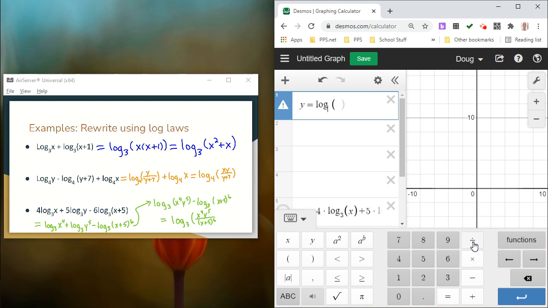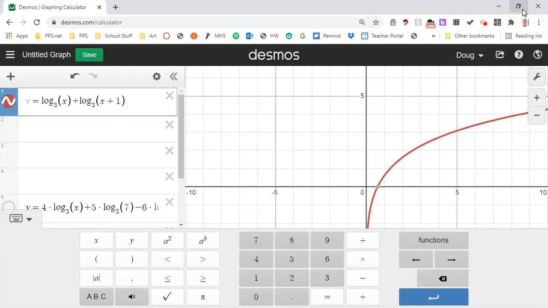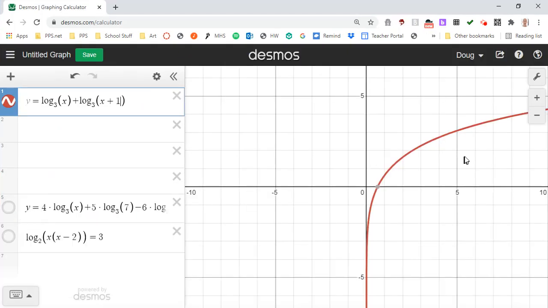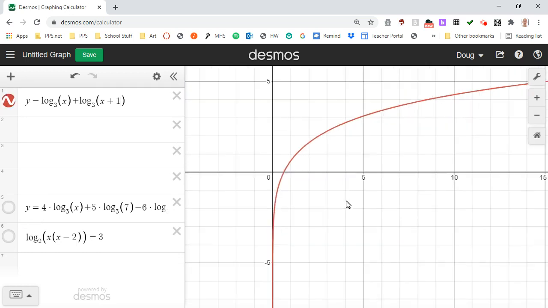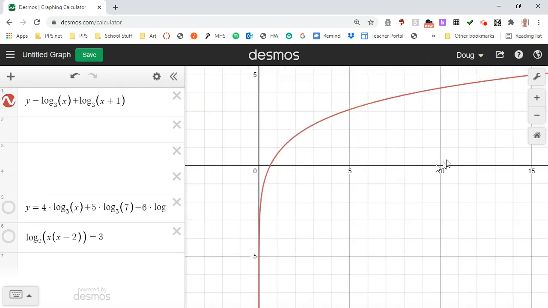So log base 3 of x plus log base 3 of x plus 1. And you can see that's what it looks like right there. Okay. Could scoot it over, get a better look at it.